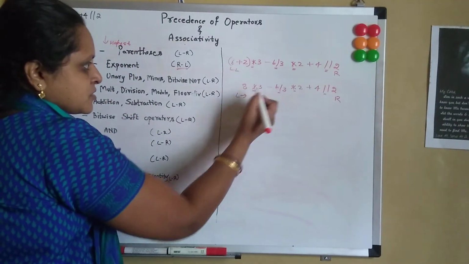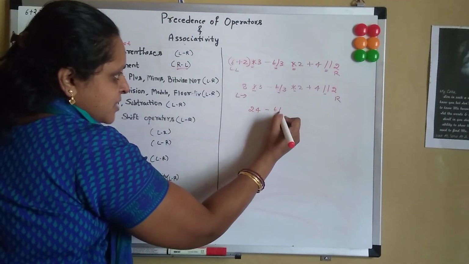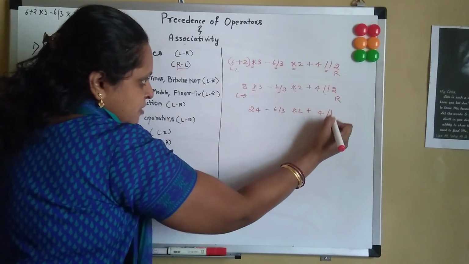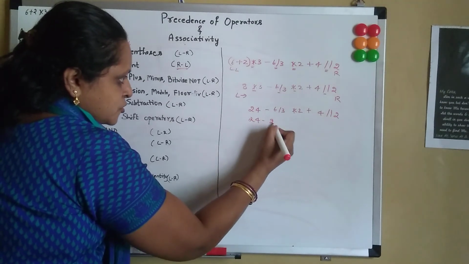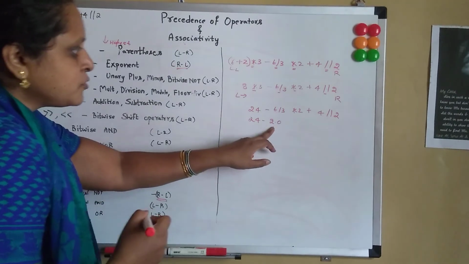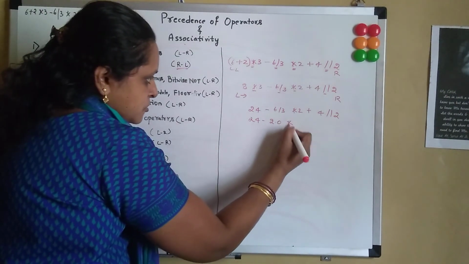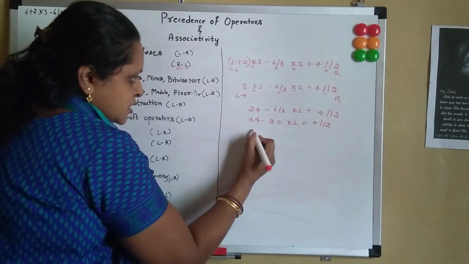It is 8 into 3, which becomes 24, minus 6 by 3 into 2 plus 4 floor division 2. 24 minus 2.0. 6 divided by 3 is nothing but 2.0, which is in the float notation, into 2 plus 4 floor division 2.